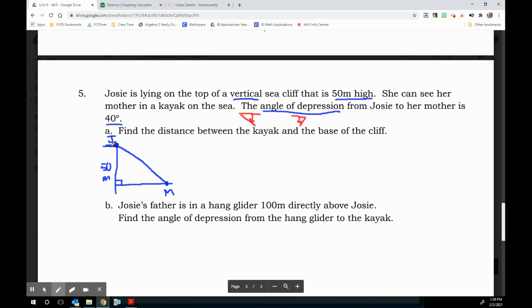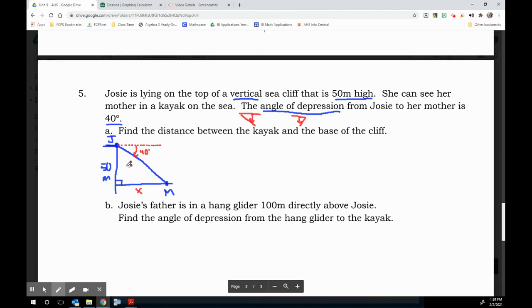So if you notice here, from Josie's line of sight, she's looking at an angle of depression, meaning from a horizontal line, her sight line is going down 40 degrees. What we're first looking for is the distance between the kayak, mom, and the base of the cliff. So we're first looking for this distance.